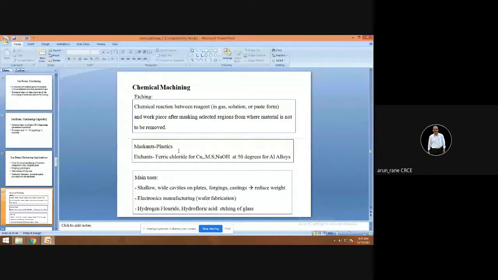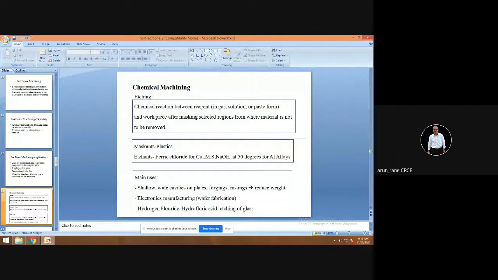Maskants are used for plastics. Chemical machining has the advantage that it can be used for conductive or non-conductive material. Etchants which are more commonly used are ferric chloride. Chemical machining is used for shallow and wide cavities on plates, forgings, in electronics or semiconductor industries.